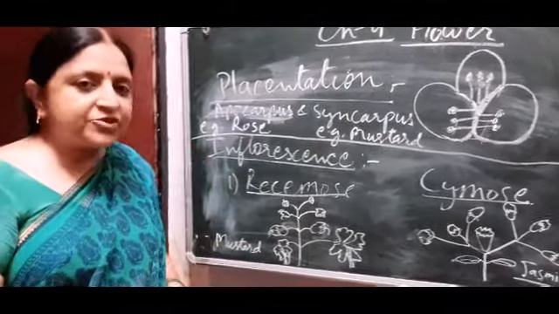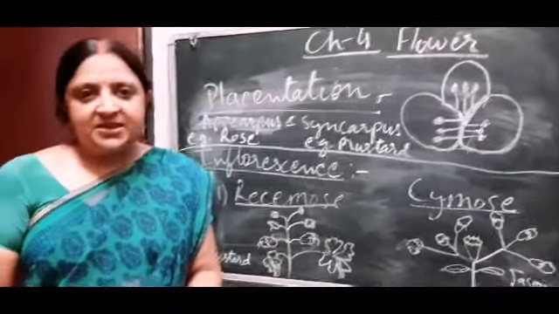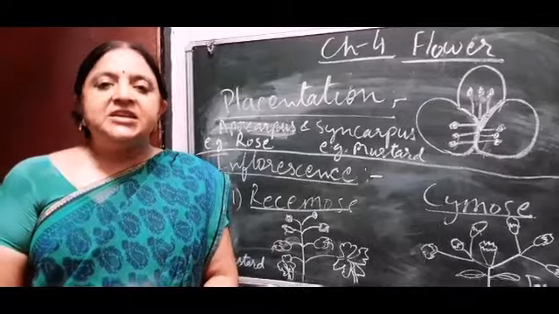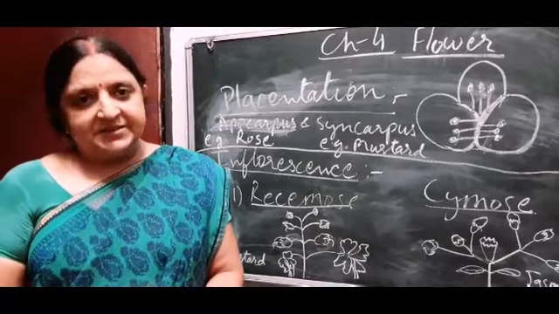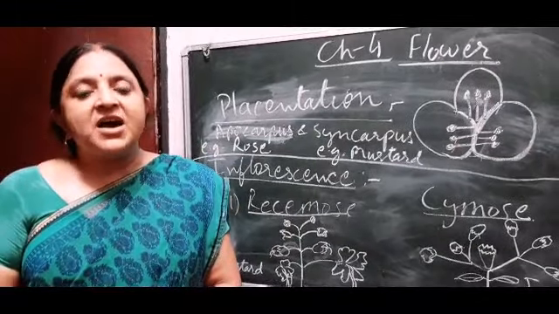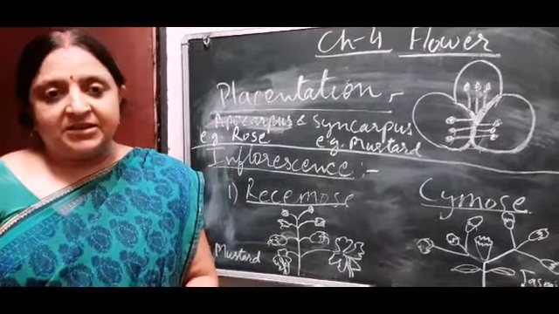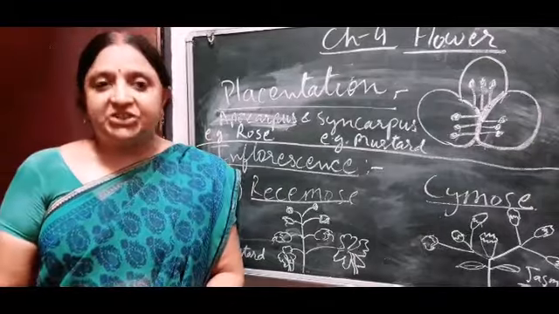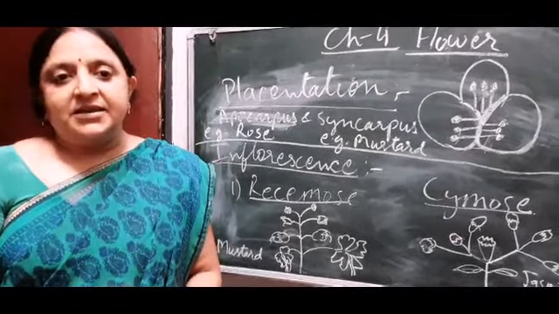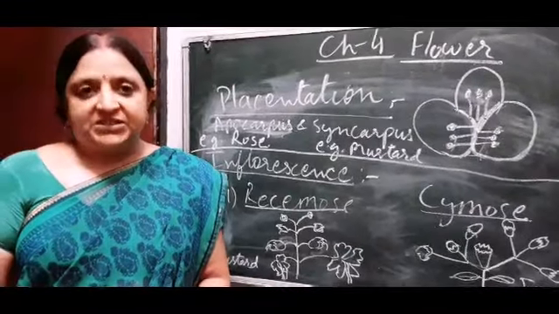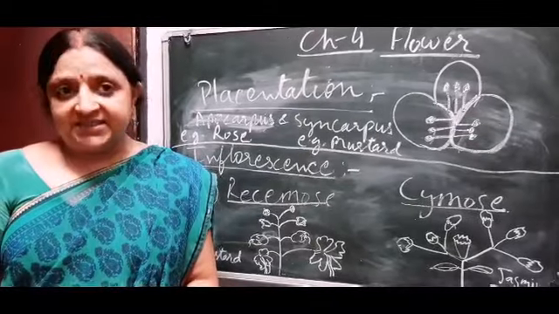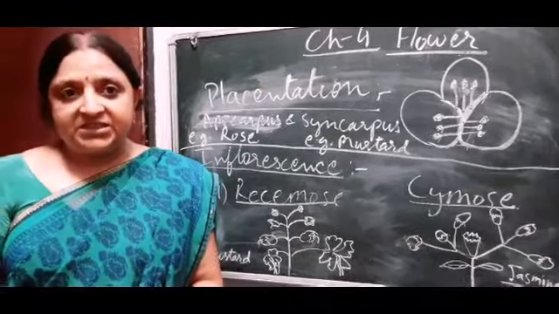Now the next topic is inflorescence. We all know that flowers may be present in a cluster, or single on a plant. When flowers are present in a cluster, there is an arrangement of the flowers, and that arrangement of the flowers on an axis is called inflorescence.